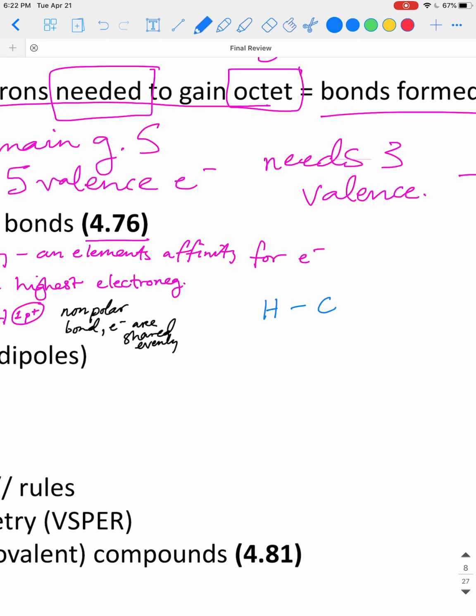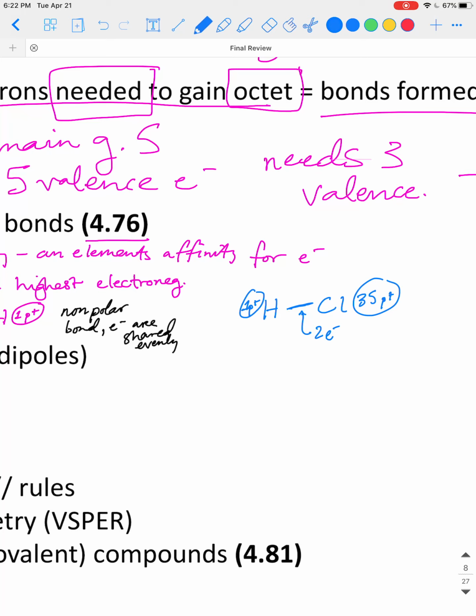But if we have an element such as hydrogen and chlorine, let's look at that. Here we have 1 proton on this side in this nucleus. We have 35, I think that's the right number, protons in this nucleus.